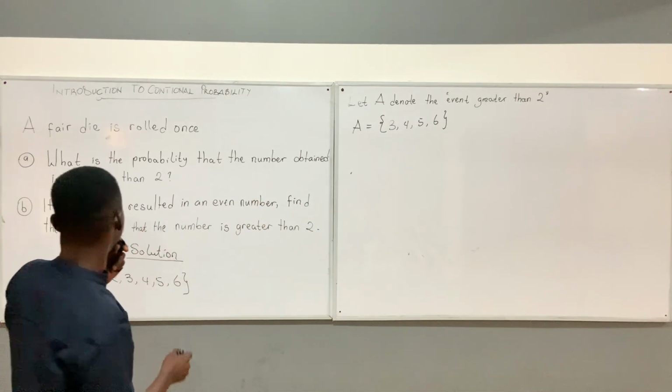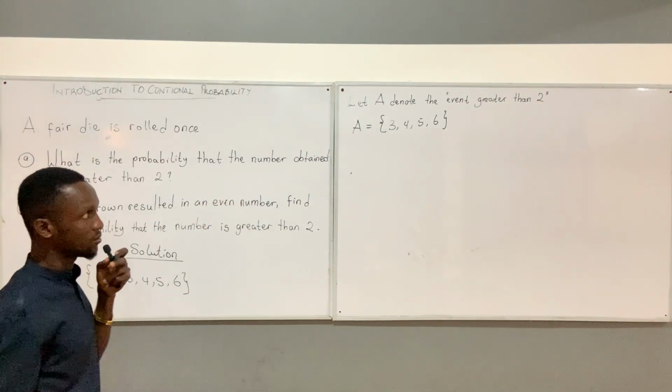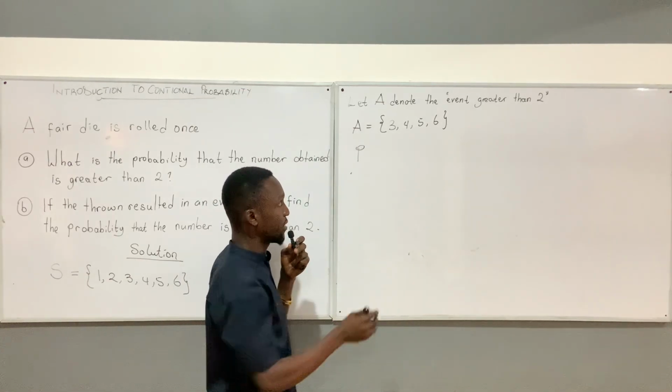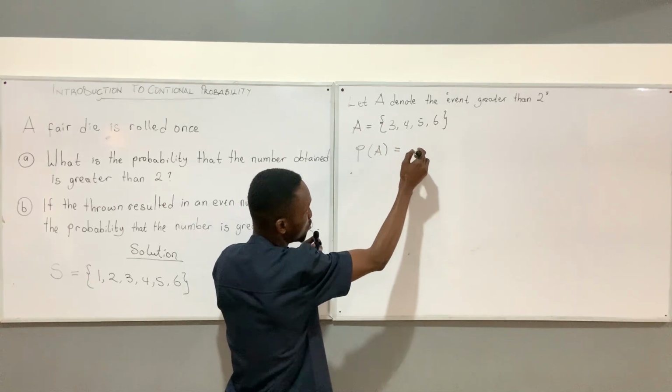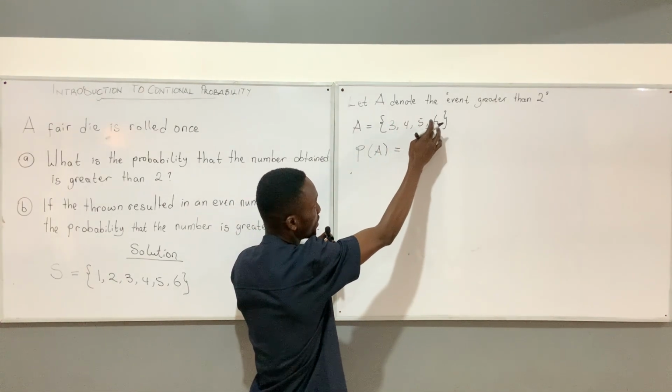Now, the question said, what is the probability that the number obtained is greater than 2? So when we solve this, the probability of the event greater than 2 gives us P(A) equal to how many numbers do we have here? We have 1, 2, 3, 4.